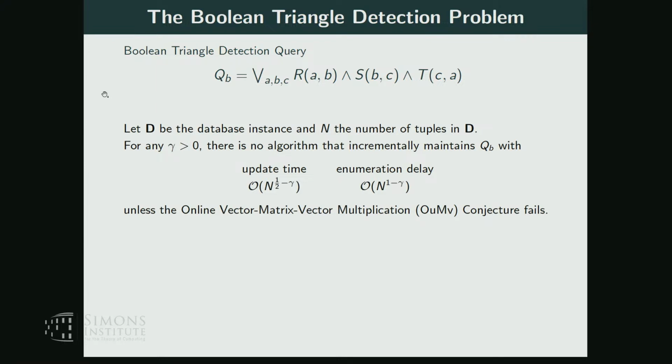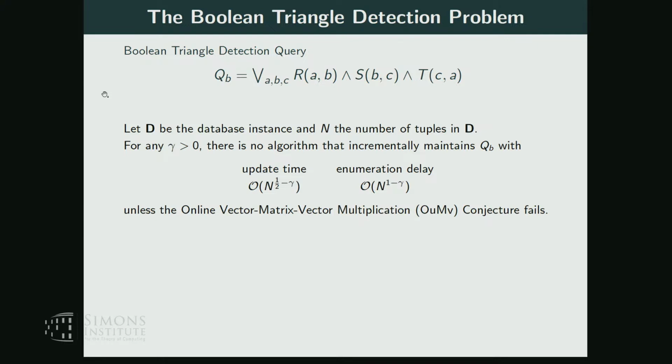For this particular triangle detection problem, we can come up with the following statement: for any strictly positive gamma, there is no algorithm that incrementally maintains the query with this update time and this enumeration delay. What does it mean? Here we have n, the size of the database at the time we do the update, and it's to the power of 1/2 minus this gamma.